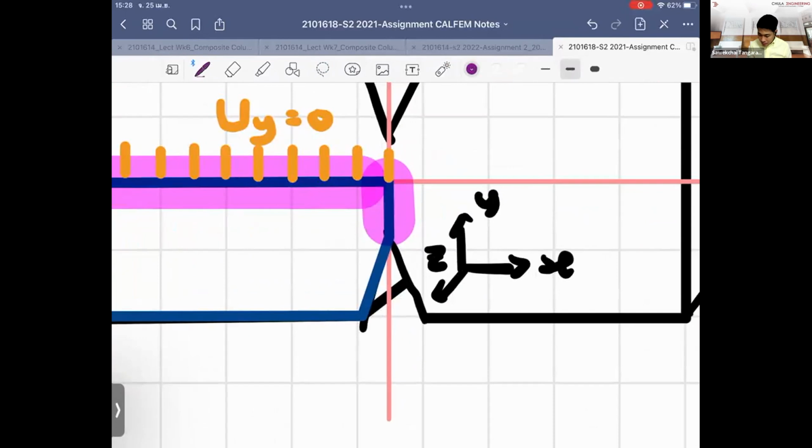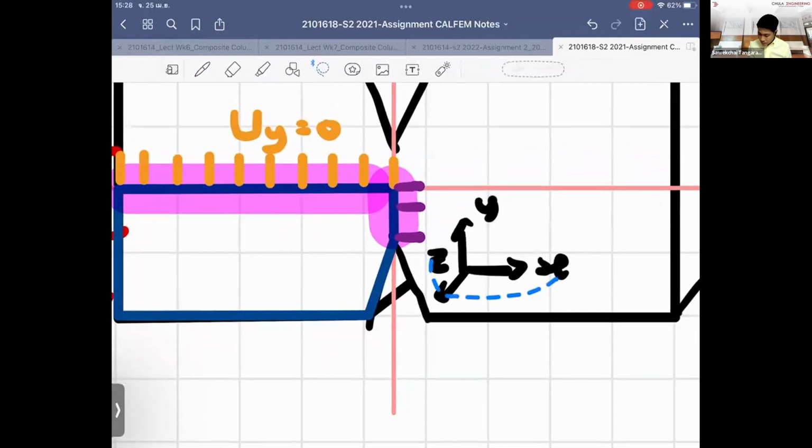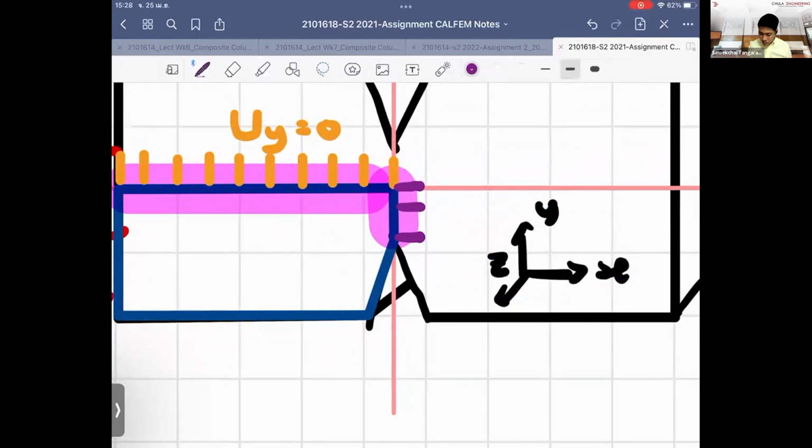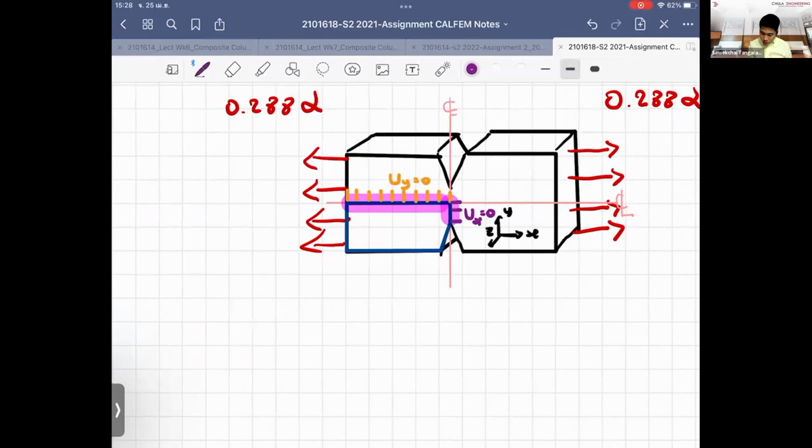So we can imply that along the line here, except up to the crack, we restrain the displacement, so ux has to be equal to 0, so that the double symmetry can be applied. So I'm saying here that ux equals 0.